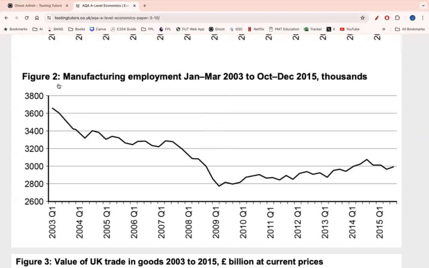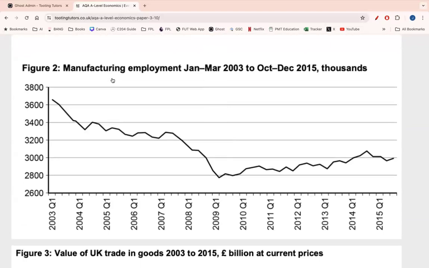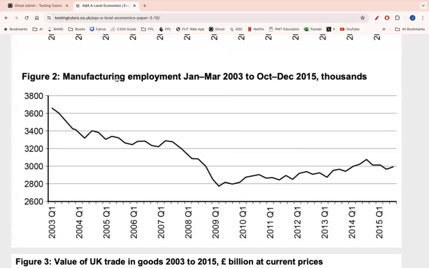Another example here. Figure 2 also shows that manufacturing output has declined, because it shows that manufacturing employment has declined. The number of jobs in manufacturing has gone down from 3,650,000. Always check if it says thousands.